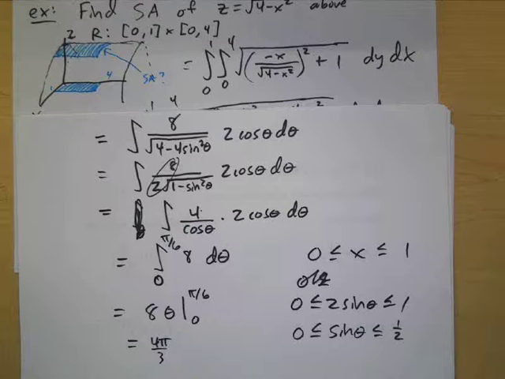So, this trig substitution is different from converting rectangular coordinates to polar coordinates? A little bit, yes. It's like a u-substitution.